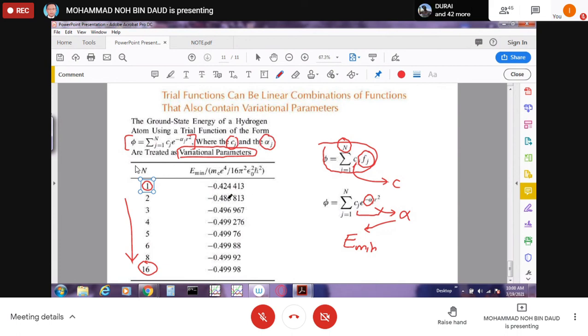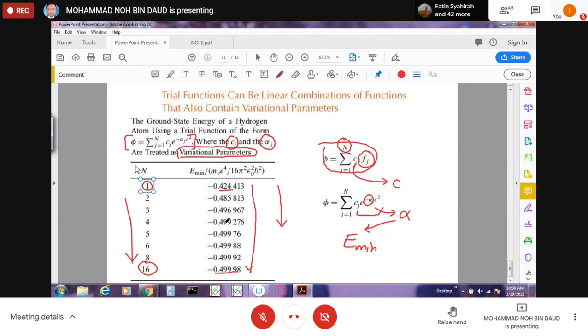So this is how the energy here improves from 424 to 499. The energy is going down here, from 424 to 499.